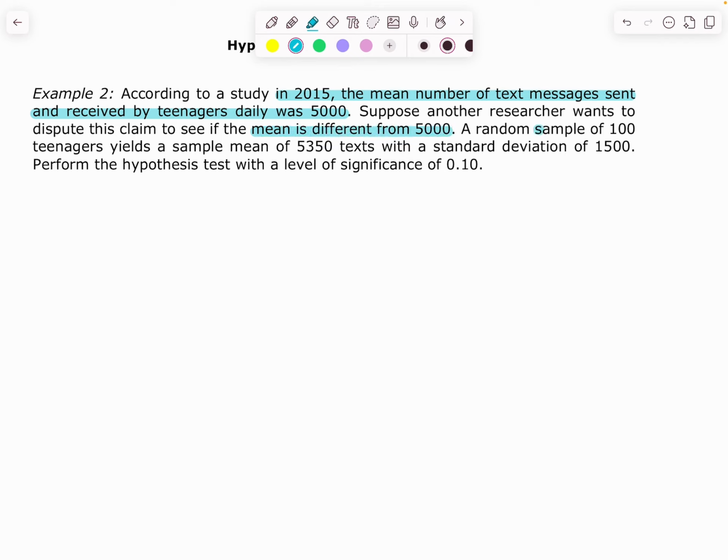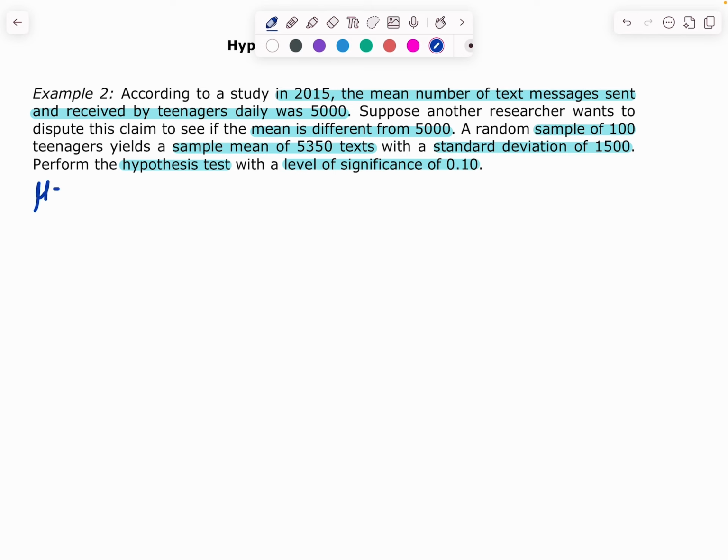They took a sample of 100 teenagers. The sample mean was 5,350 texts. Standard deviation is 1,500. Perform the hypothesis test, that's what we're doing, with a level of significance of 0.1.